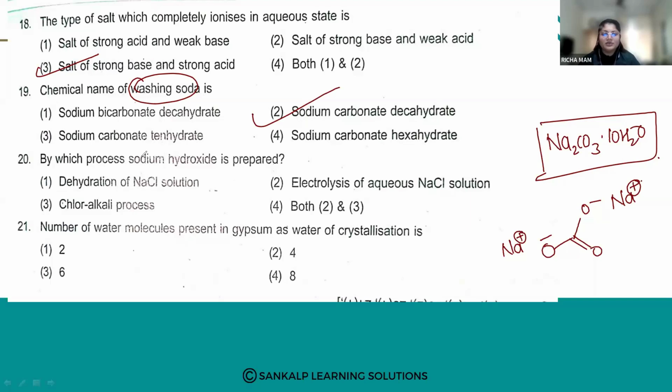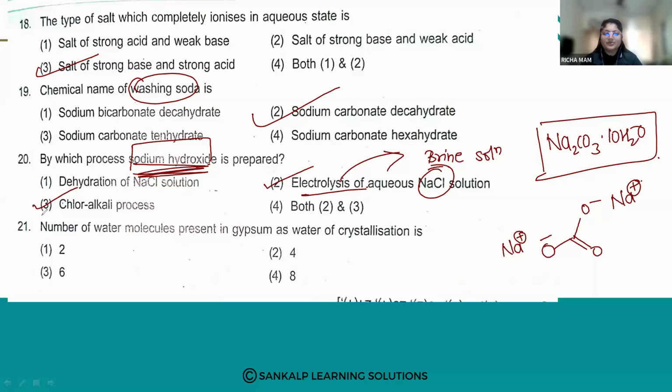You can prepare sodium hydroxide by electrolysis of aqueous NaCl solution, called brine solution, by passing electric current through it, and also by the chlor-alkali process. By both these processes you can prepare sodium hydroxide.